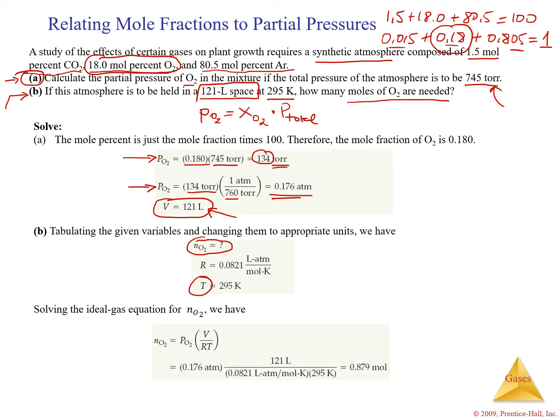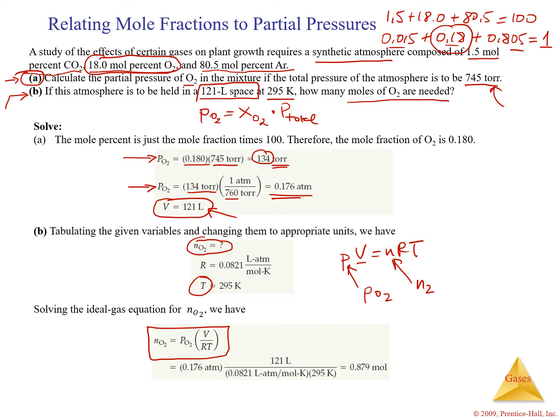So of course we can use PV equals nRT, where this is the temperature of the gas, the volume of the gas. This pressure, if this is pressure O2, then this is going to correspond to the n of O2. So converting this equation to calculate the number of moles of the oxygen, that's very much what it gives us.